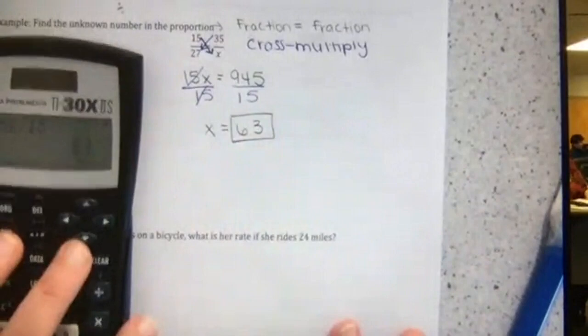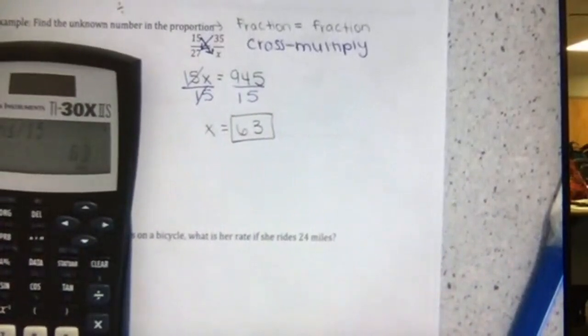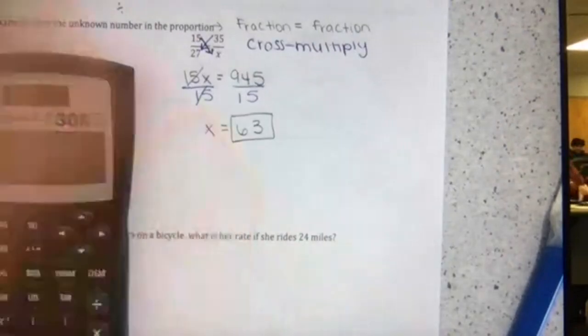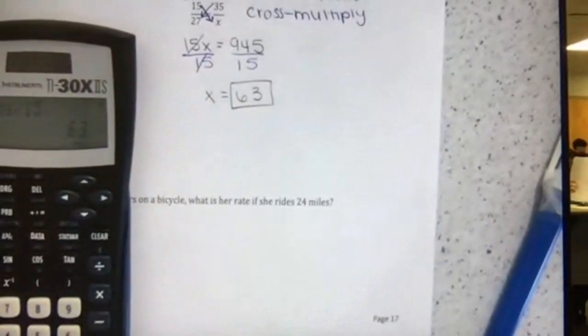Done. We found the unknown number, 63. These are nice compared to what we've been doing. Makes you appreciate the shorter problems. Any other questions on this one before we go to the next one?